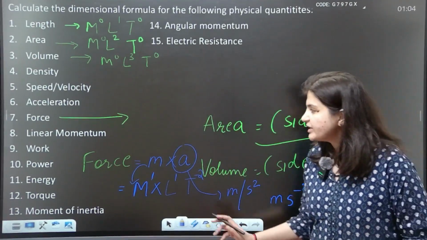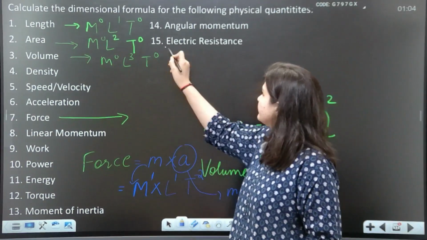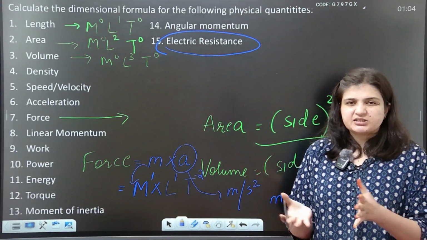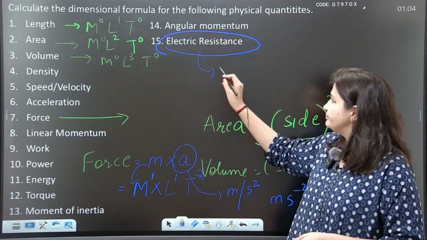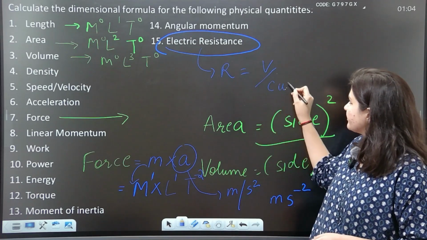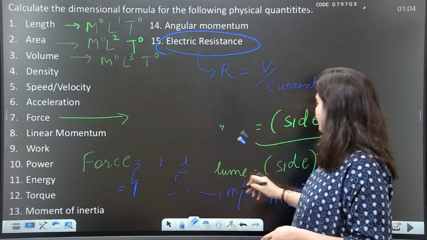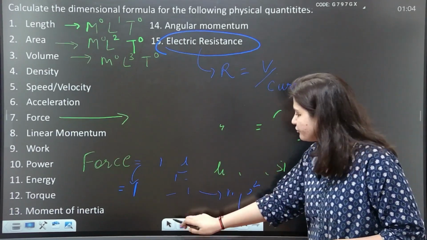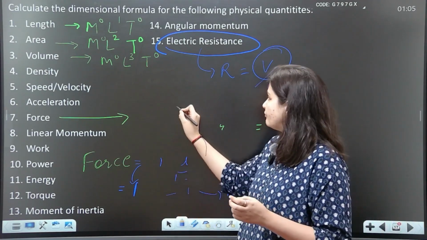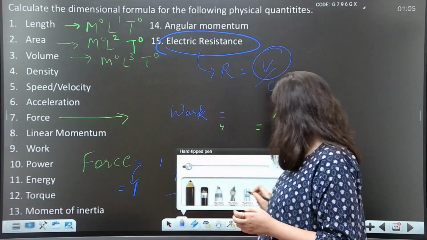Now students, let's consider the term electric resistance. According to Ohm's law, resistance is voltage upon current. For voltage, we first have to know the dimension of work.